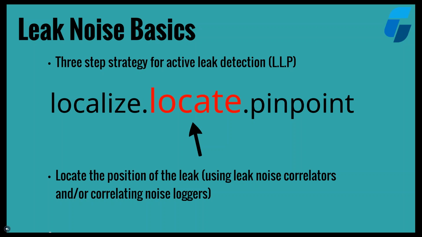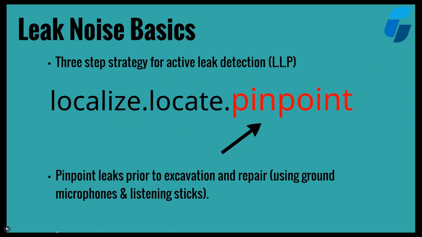And then pinpointing the leak, the last step in the leak noise basics. Prior to excavation and doing repair, use ground microphones and listening sticks to survey the ground where those correlators identified the leak to be, and really hone in on where the leak is before you start digging.